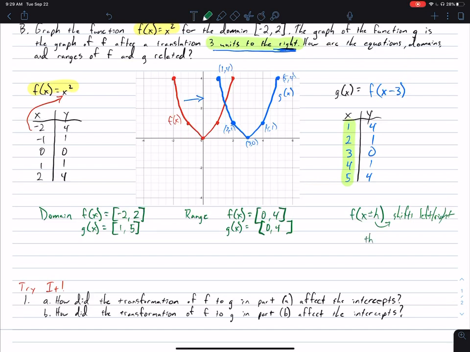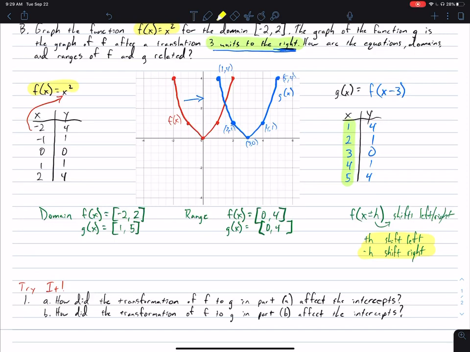If it's plus h, that's actually a shift left. And if it's minus h, that is a shift right. So this is key here. Again, it frustrates a lot of people. The horizontal shifts, left and right, are backwards from what they appear to be. I can't say it enough. If it's plus, it's actually going to go left. If it's minus, it's actually going to go right.